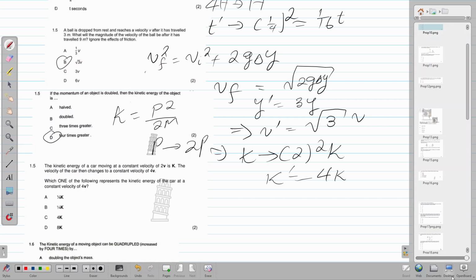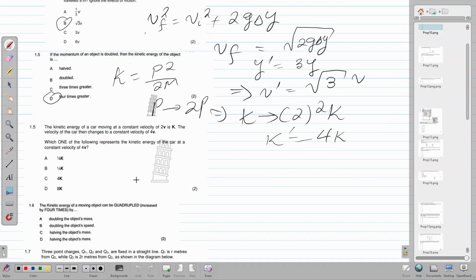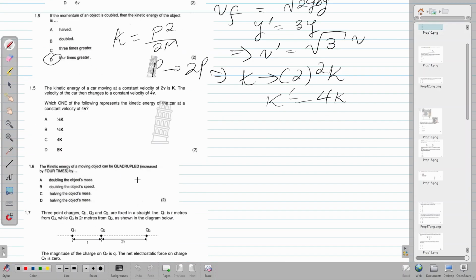Then question 1.5. The kinetic energy of a car moving at a constant velocity of 2v is k. The velocity of the car then changes to a constant velocity of 4v. Which one of the following represents the kinetic energy of the car at a constant velocity of 4v? This one should be trivial. Know that kinetic energy is directly proportional to the square of velocity.